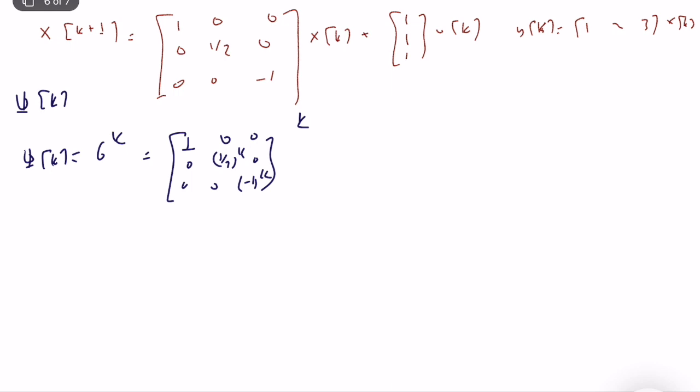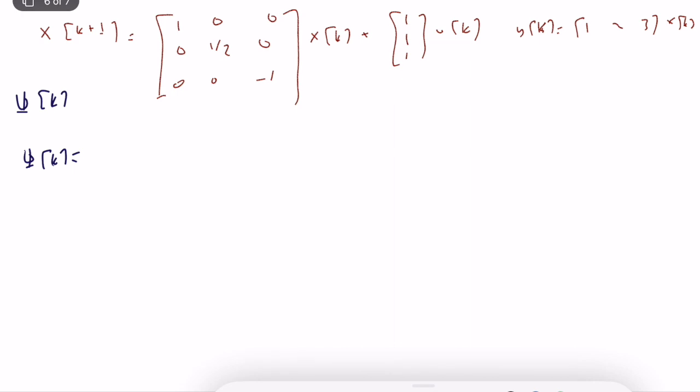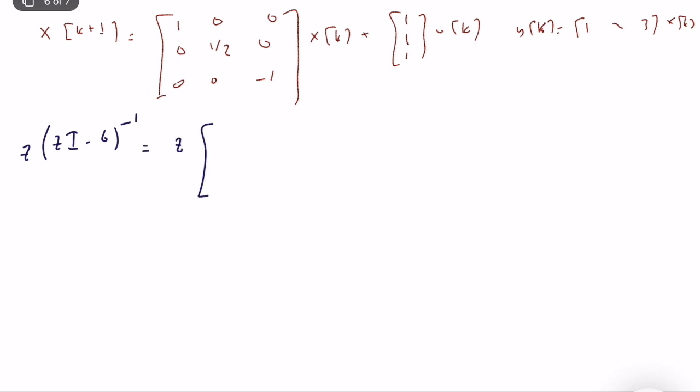Let's do that. It should be relatively easy. What we need to do is compute zI minus g inverse first, and then take the inverse z transform. So zI minus g is equal to [z minus 1, 0, 0; 0, z minus 1/2, 0; 0, 0, z plus 1].